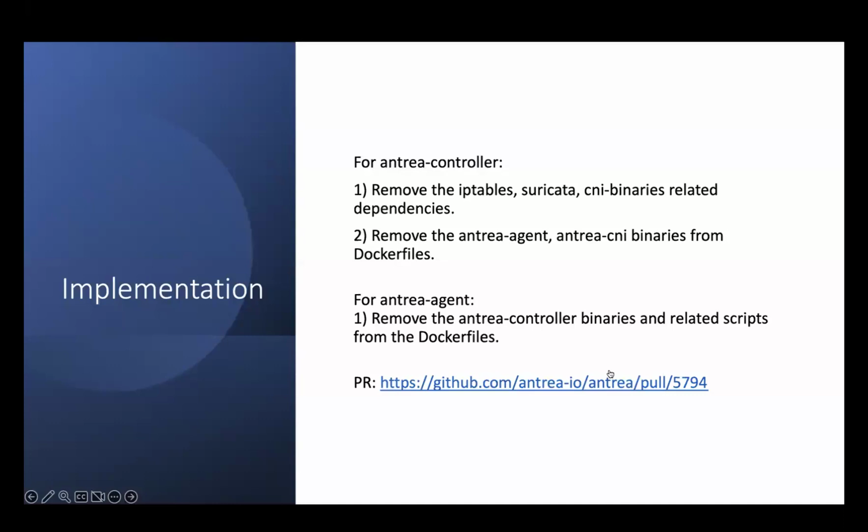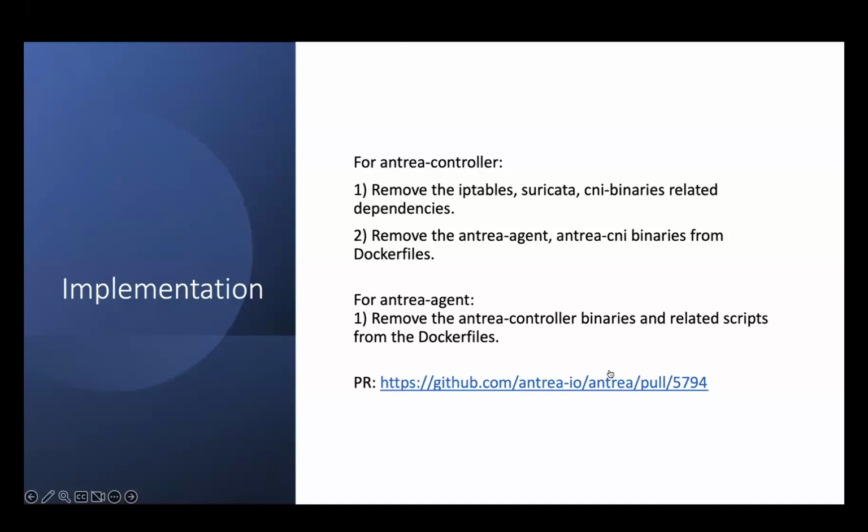All these things are again not required by the Antrea controller, and they were just unnecessarily increasing the size. So when we separated the Antrea controller image, we removed all these dependencies. The image was just a basic image using Ubuntu as its base image, only installing the dependencies and building the binary specific to the Antrea controller, and removing all the other binaries.